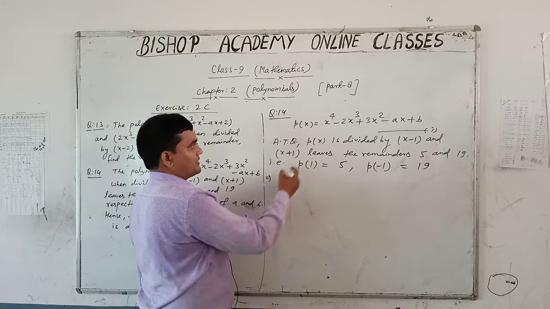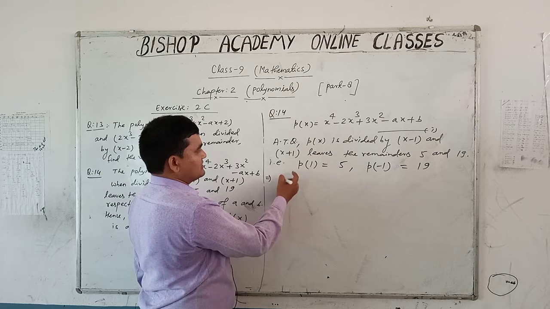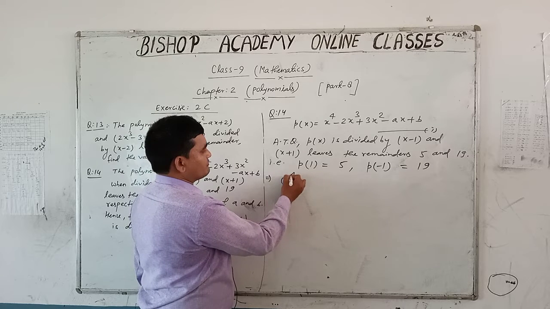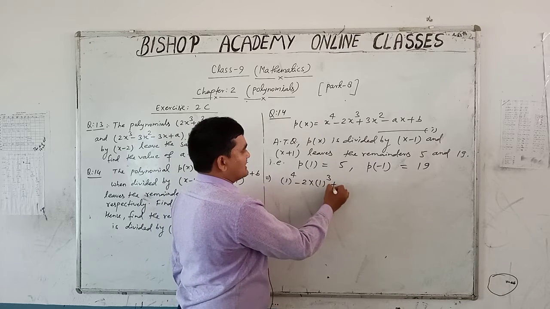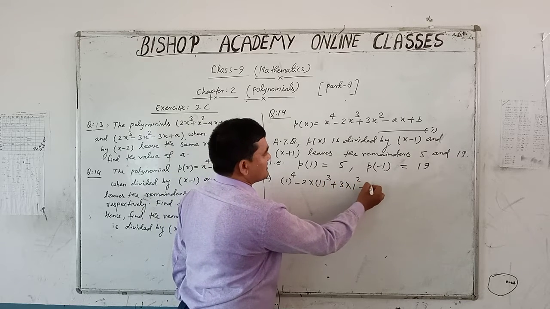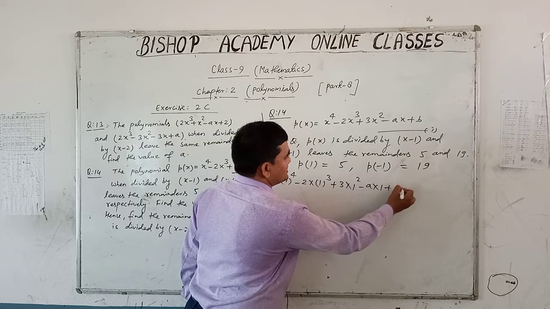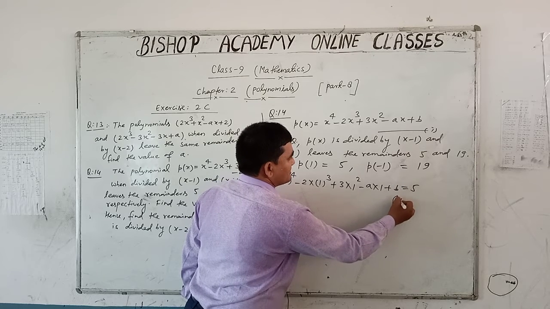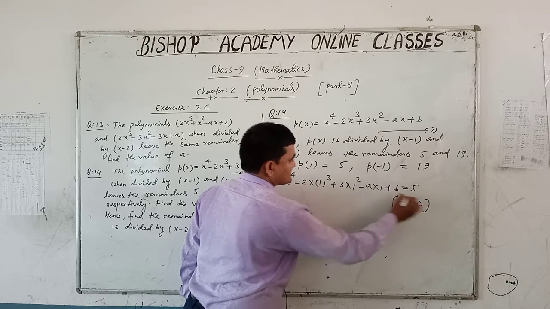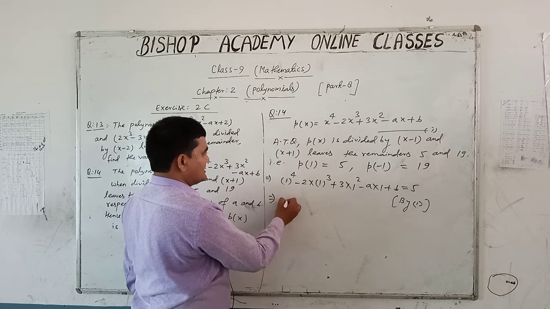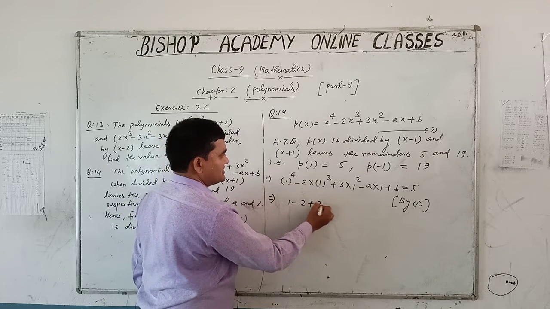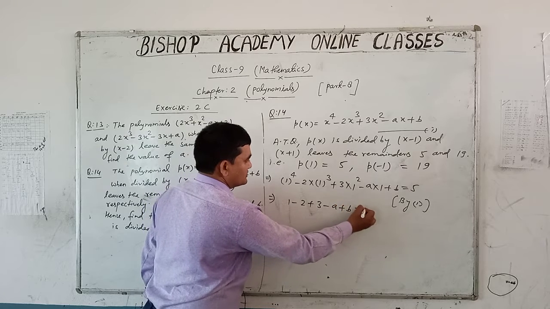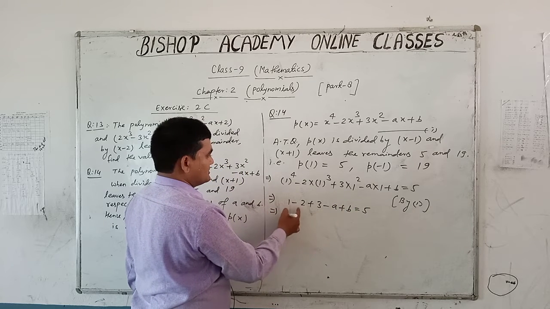Here p1 equal to 5, then we write 1 raised to the power 4 minus 2 into 1 cube plus 3 into 1 square minus a into 1 plus b equal to 5. We have written by first. This implies that 1 raised to the power 4 means 1 minus 2 plus 3 minus a plus b equal to 5.